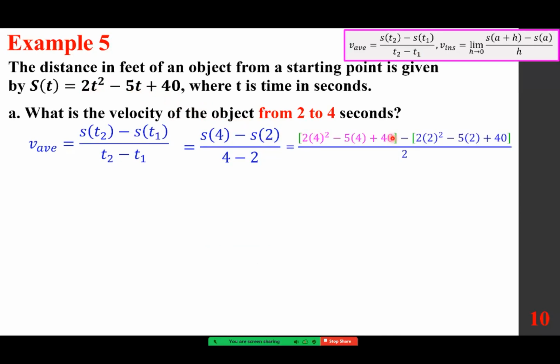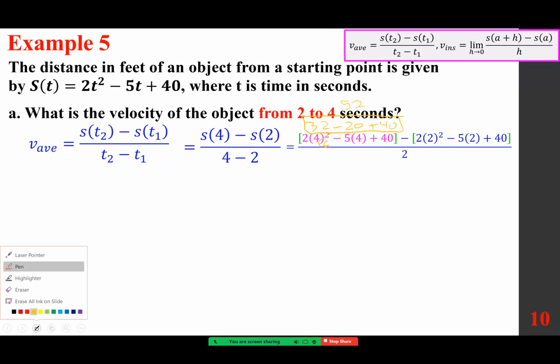So this is S of 4. This is S of 2. And 4 squared is 16. 2 times that is 32. Minus 20 plus 40. Thirty-two minus 20, 12, and 40 is 52. 2 squared is 4.